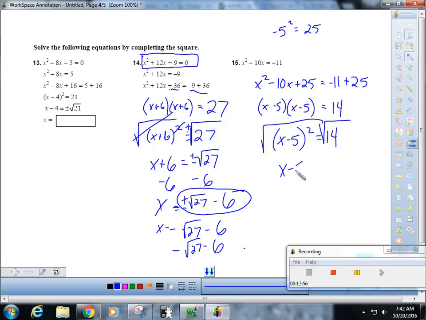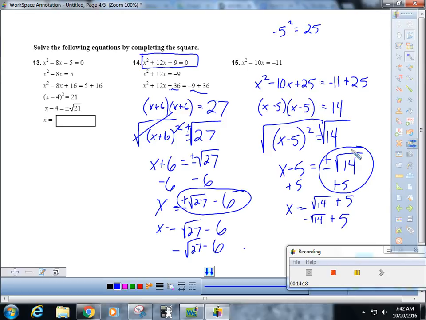You get x minus 5 is plus or minus radical 14. That's where I screwed up last time. Add 5 to both sides. So x is radical 14 plus 5 or negative radical 14 plus 5. Or you could just write it like that.